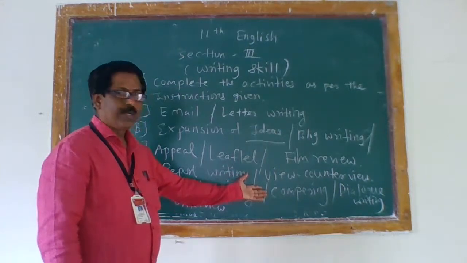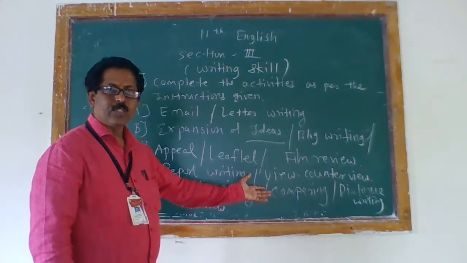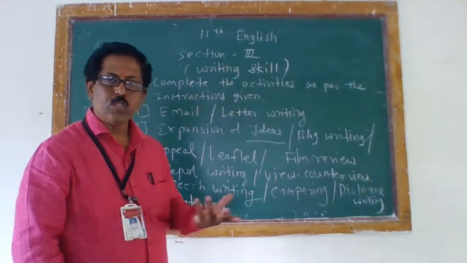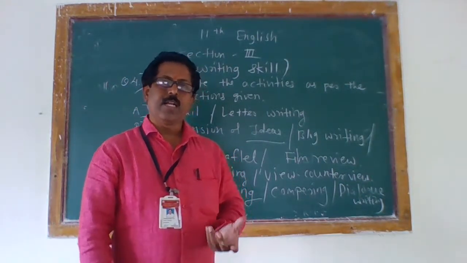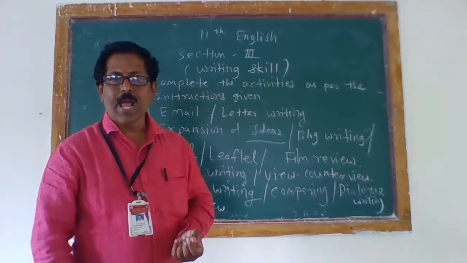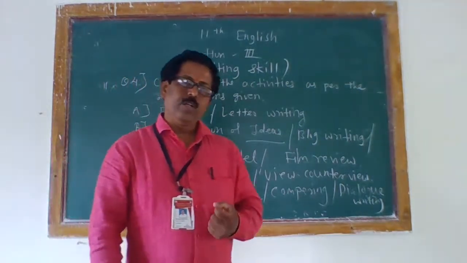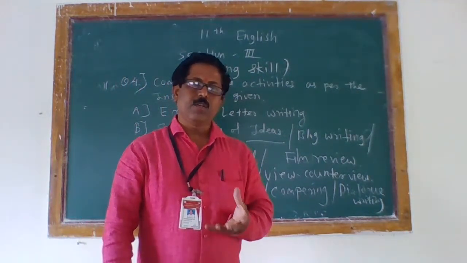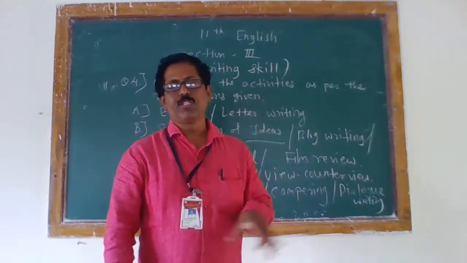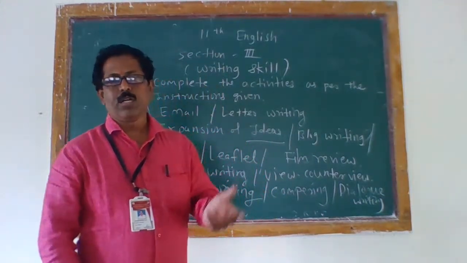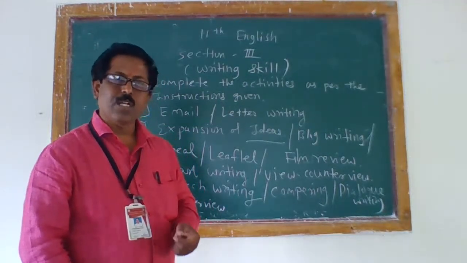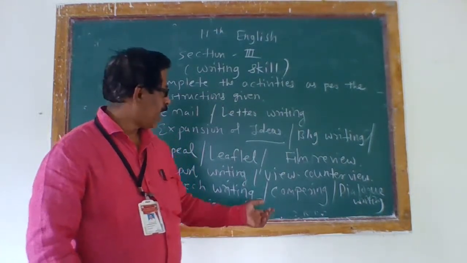Then compering is anchoring. So what is required for anchoring? As you are watching many TV programs, in that there is the main role of the anchor. In that person's hand there is a whole system about the topic, about the drama, about the incidents going on in that play.